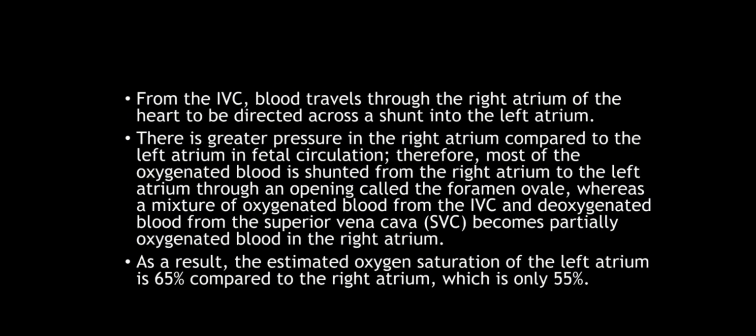From the inferior vena cava, blood travels through the right atrium of the heart to be directed across a shunt into the left atrium. There is greater pressure in the right atrium compared to the left atrium in fetal circulation. Therefore, most of the oxygenated blood is shunted from the right atrium to the left atrium through an opening called the foramen ovale, whereas a mixture of oxygenated blood from the inferior vena cava and deoxygenated blood from the superior vena cava becomes partially oxygenated blood in the right atrium.